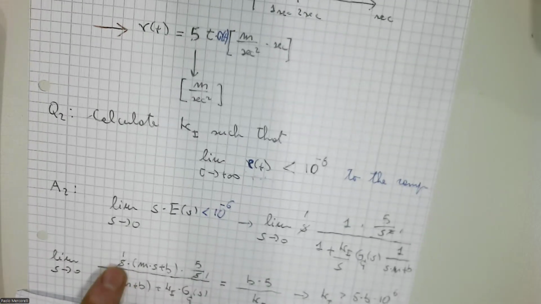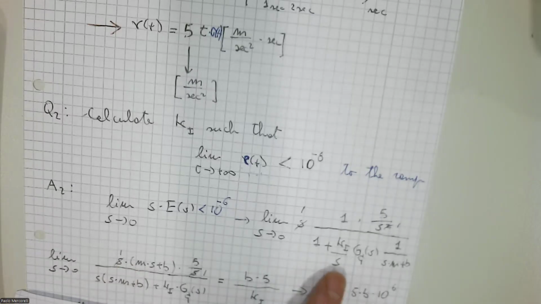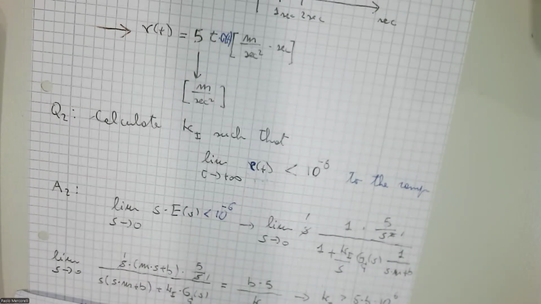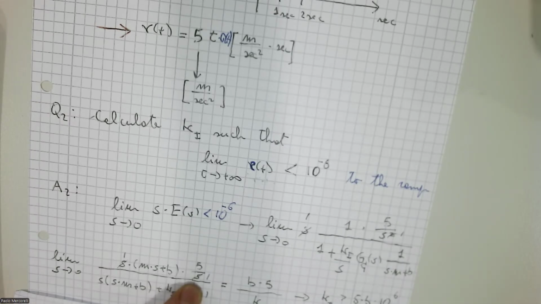I don't know if it's visible. If I multiply again by S, which multiplies this monomial expression, I will have in the numerator something like that. Instead of 1, I will have this one, as I did before. And now S and S can be cancelled.